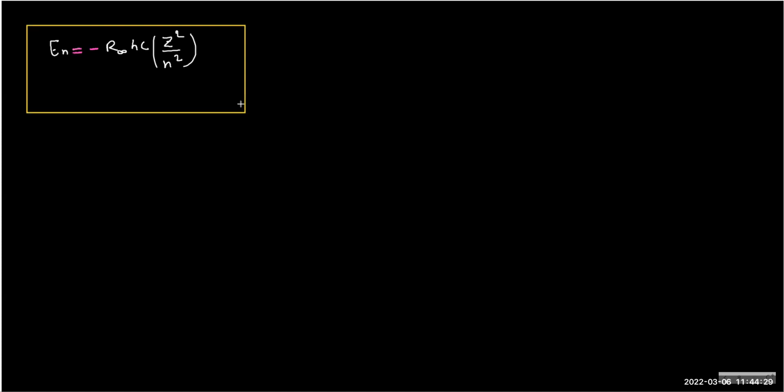It is negative, so it would be directly proportional to n. Now tell me, as you go away from the nucleus, will the energy increase or decrease? As you go away, the energy must increase. And if n increases, energy increases. How is it possible? The numerator or the denominator?